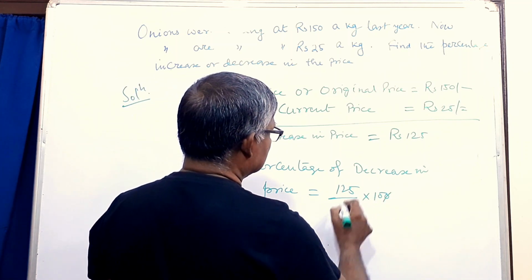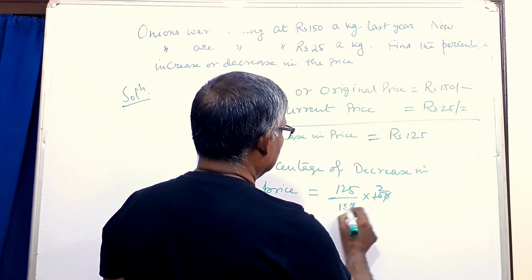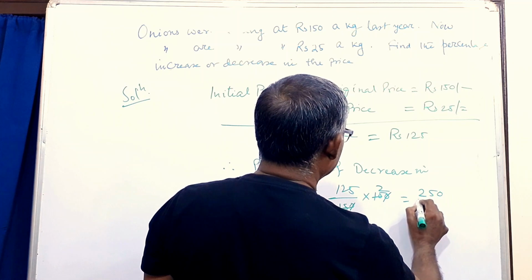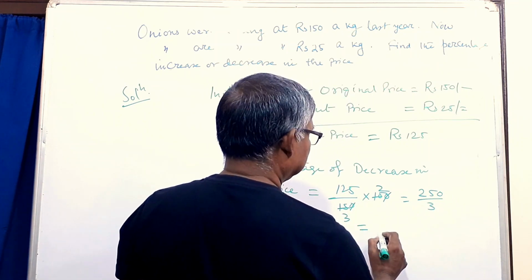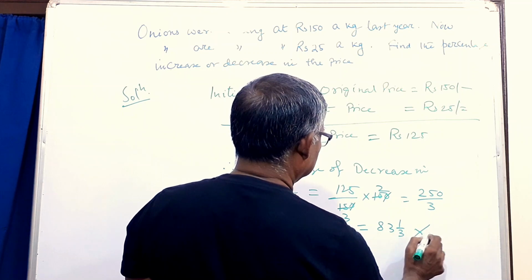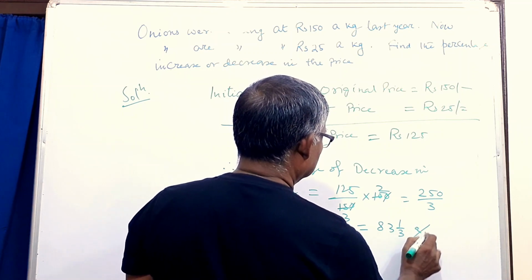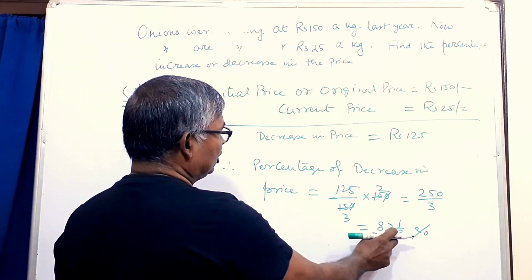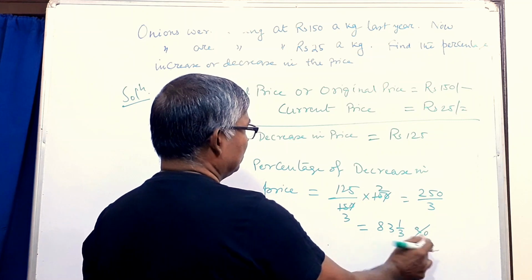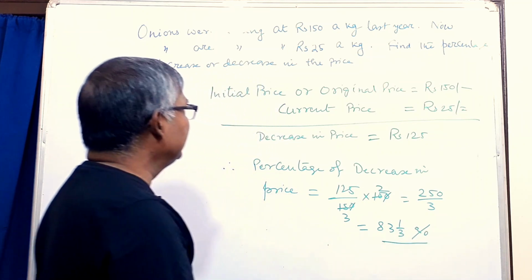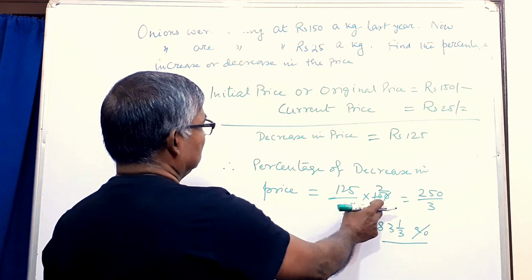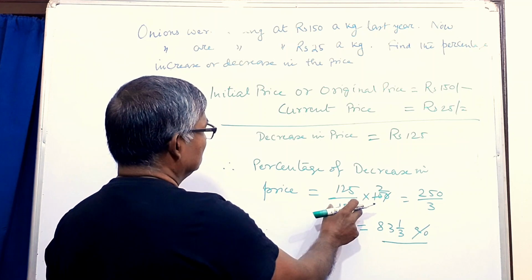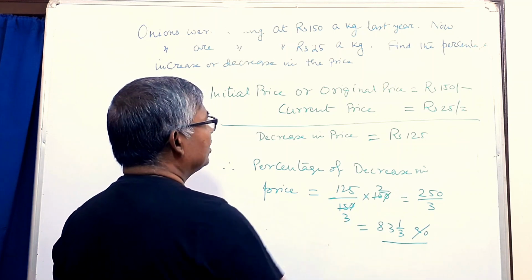Here you can cancel this. Now it is 2, it is 3. So this equals to 250 by 3, that is, the price is decreased by 83 whole 1 by 3%. Here see the formula: amount decreased by initial amount into 100.